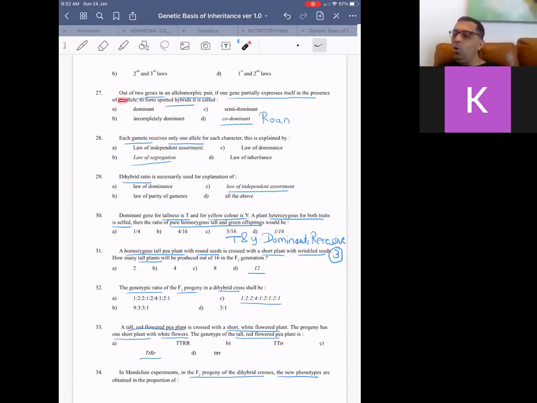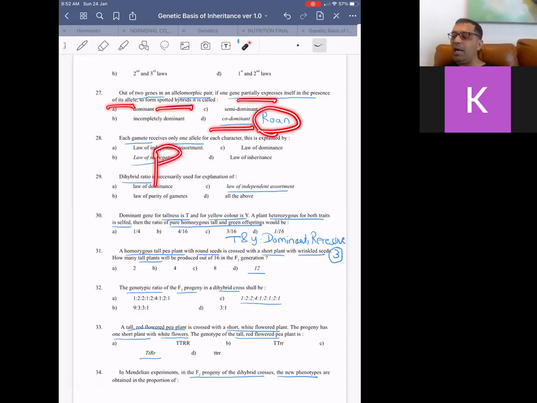Correct. Out of two genes in an allelomorphic pair, if one gene expresses itself in presence of its allele partially to form spotted hybrids, then that is called codominant. For example, Roan coats.